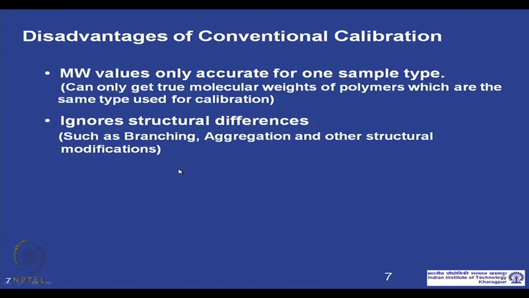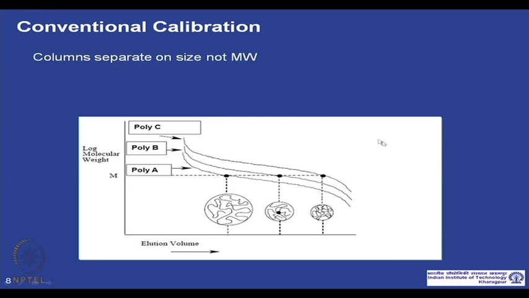The second disadvantage is that if the polymers differ in branching, like different shapes or other structural modification, we cannot get that difference captured in the calibration. Let us go back and explain with those graphs.